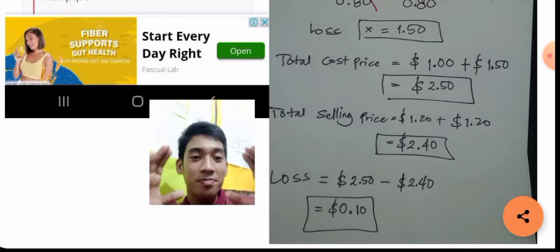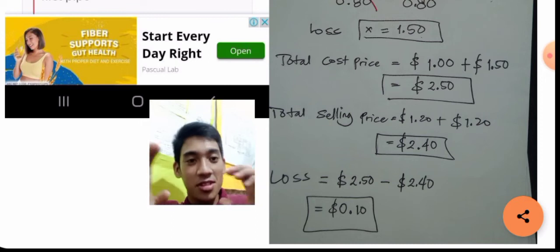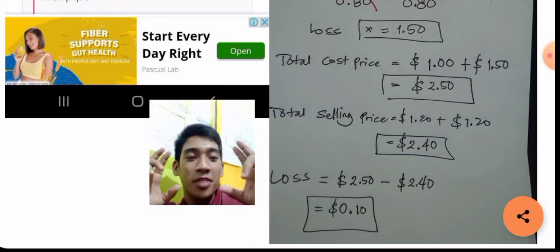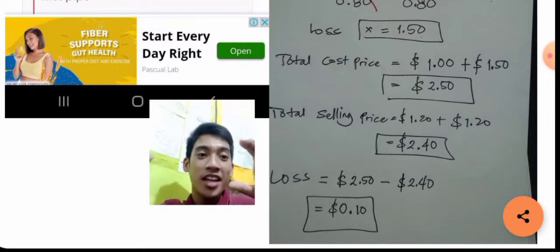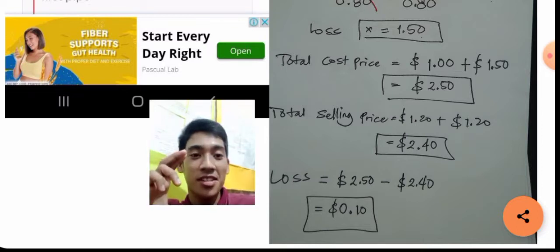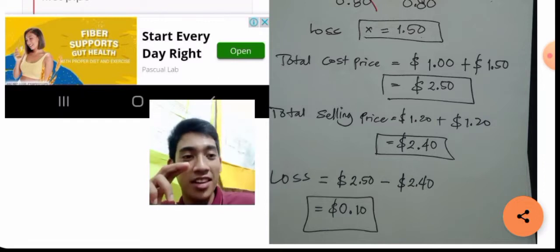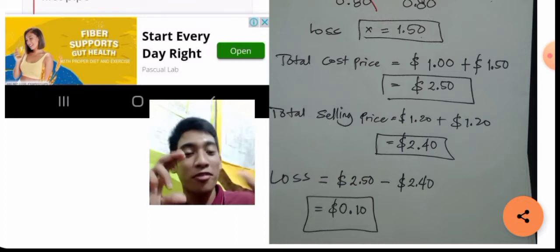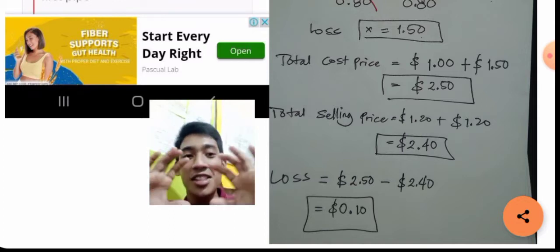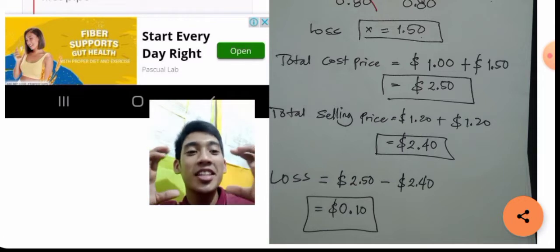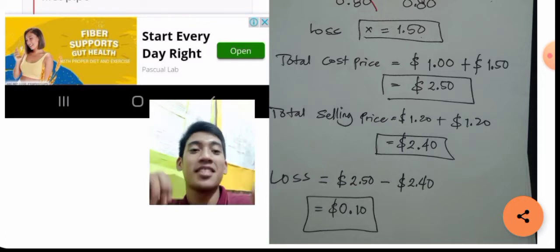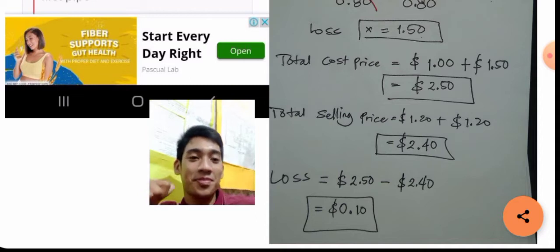So there is a loss, because the seller bought the pipes from the supplier at $2.5 and sold them to the buyer for only 2.4. There is no profit in his business. There is a loss of 10 cents. Okay. Let's continue.